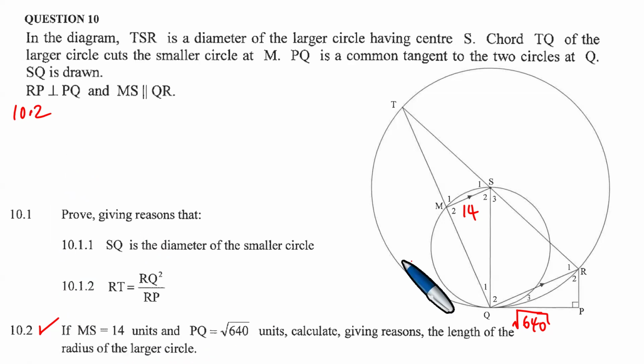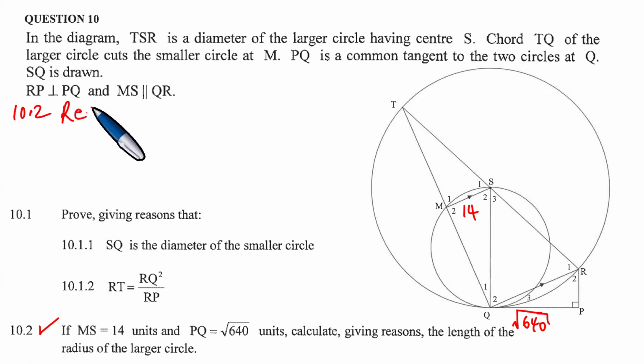Let us find the length of the radius of the circle, like TS or SR or SQ. Any distance from the center to the circumference will suffice. To find this, there are a couple of things we need to consider. First things first, we need to note the result that we're going to use.